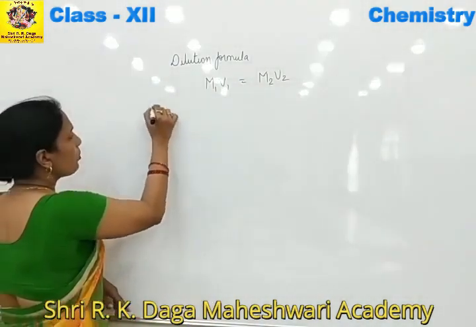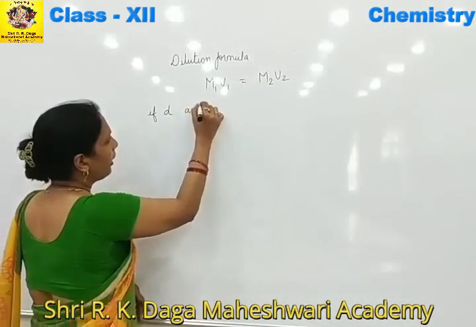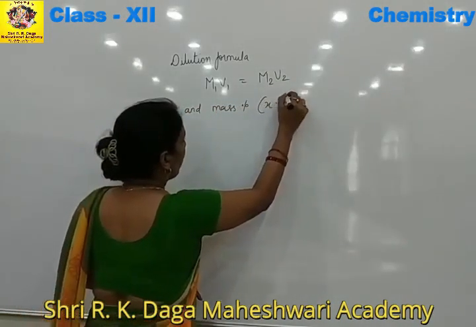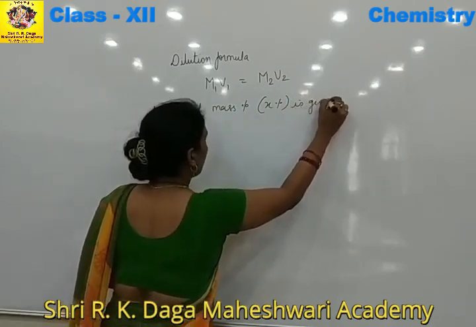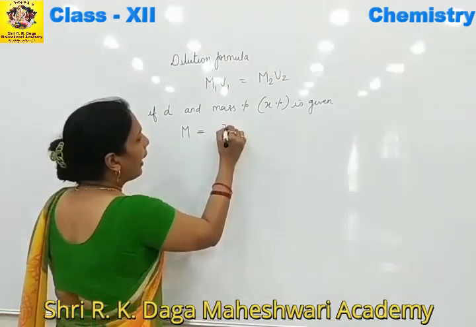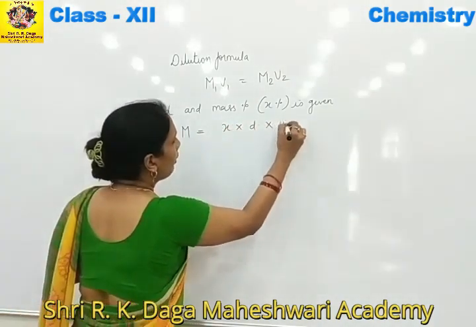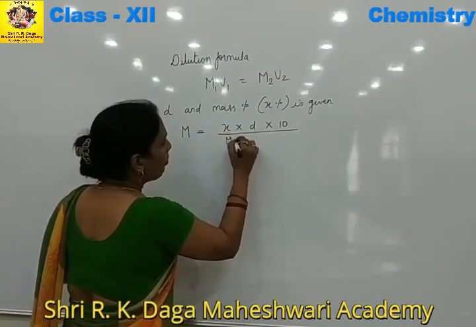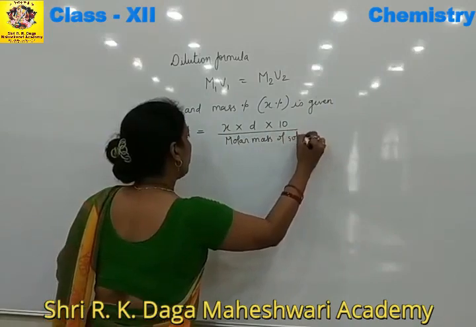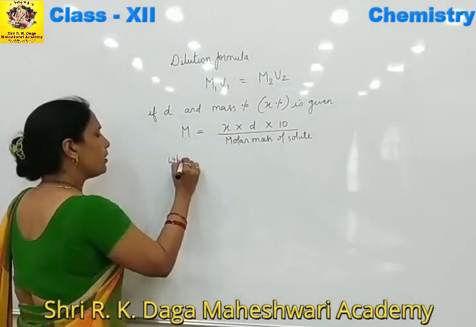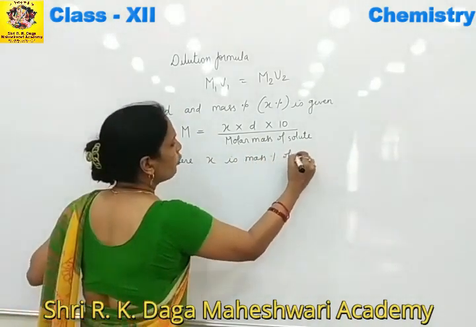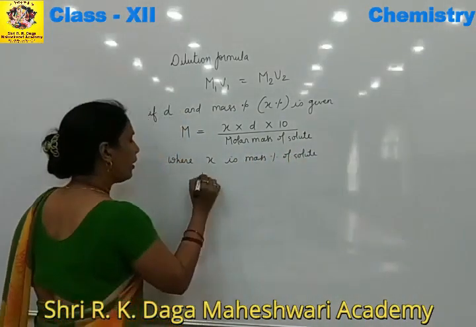If density and mass percentage of solution is given, that is X percentage, then the formula to calculate the molarity is equal to X into D into 10 divided by M, molar mass of solute, where X is mass percentage of solute, D is density of solution.